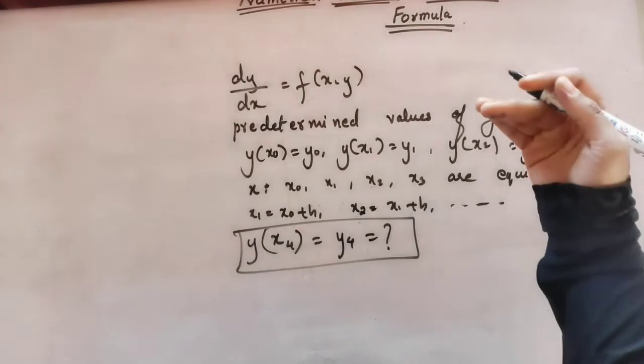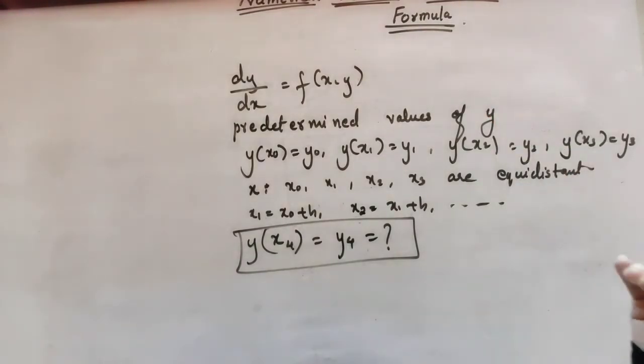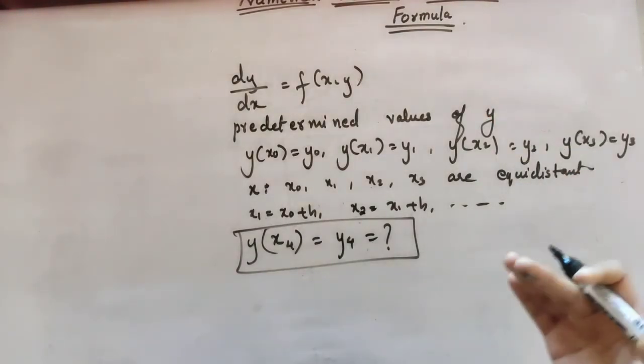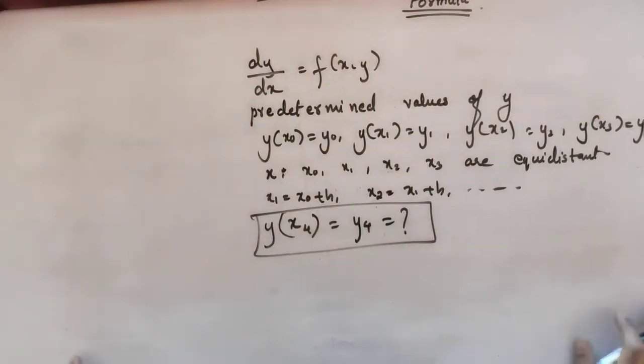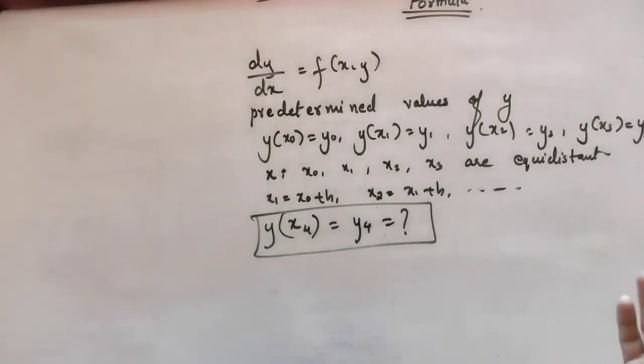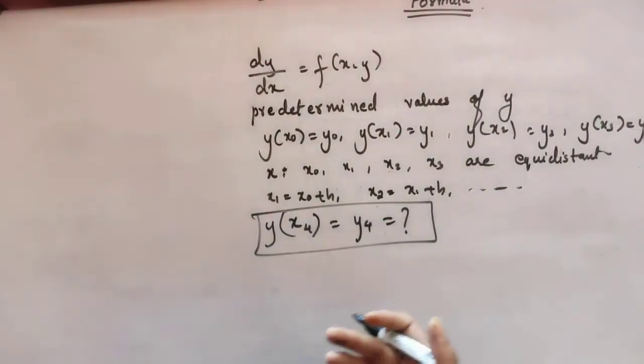So a differential equation will be given, with a set of 4 points through which the solution is passing, and you will be asked to predict or find the value of y of x4. How will we solve this using different formulas? You have 2 sets of formulas in your syllabus.